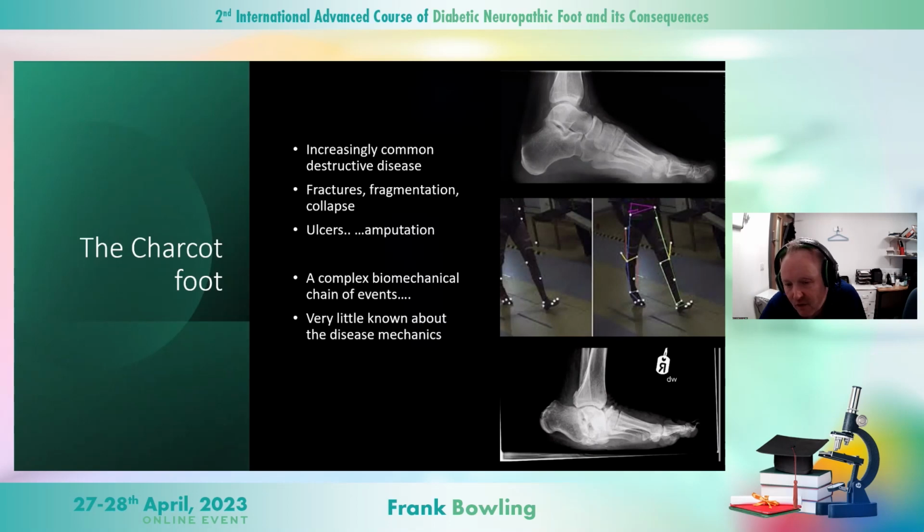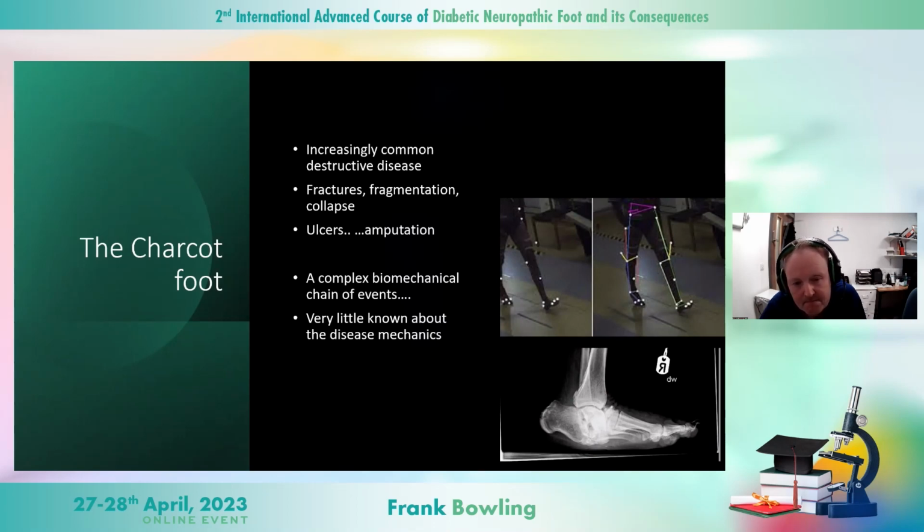As you can see on the right-hand side, the central picture, this is one of my patients walking through a visual 3D Vicon system. This is an 8-camera system that picks up the retroreflective markers, and from that, it predicts the joint angles and the joint motion within the foot and the ankle, respectively. Next slide, please.